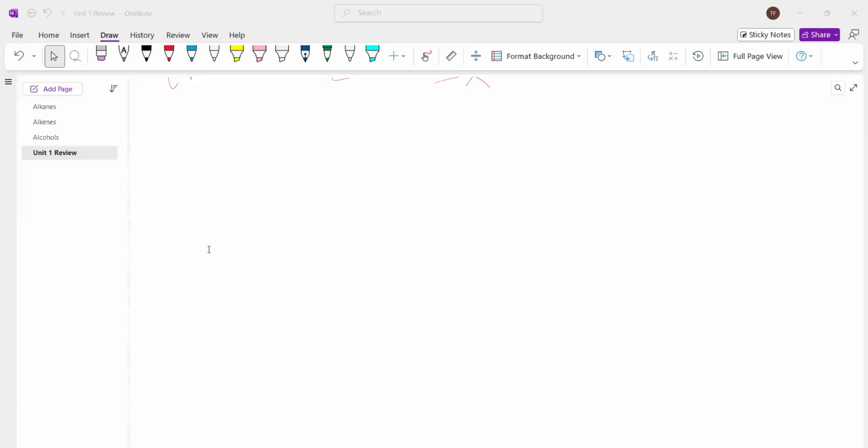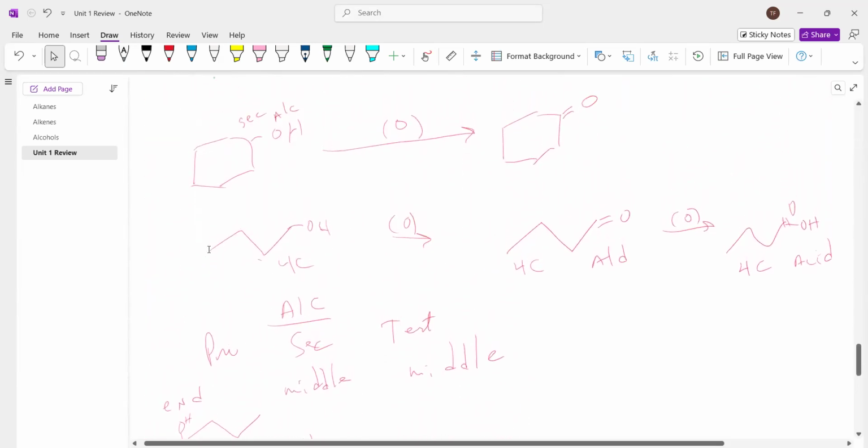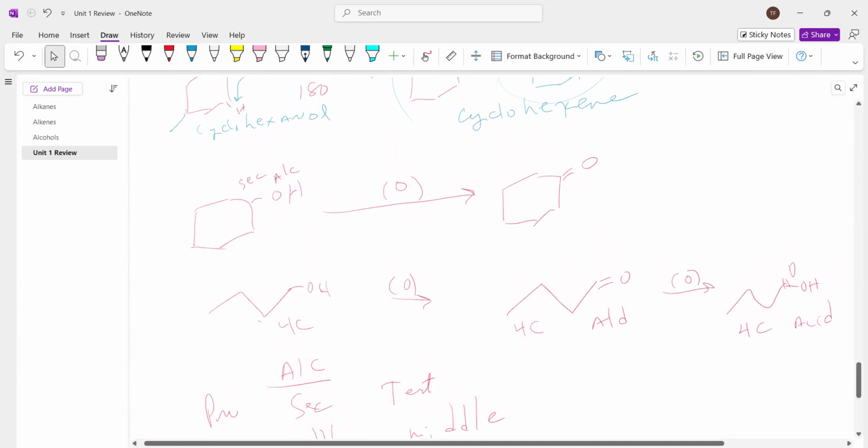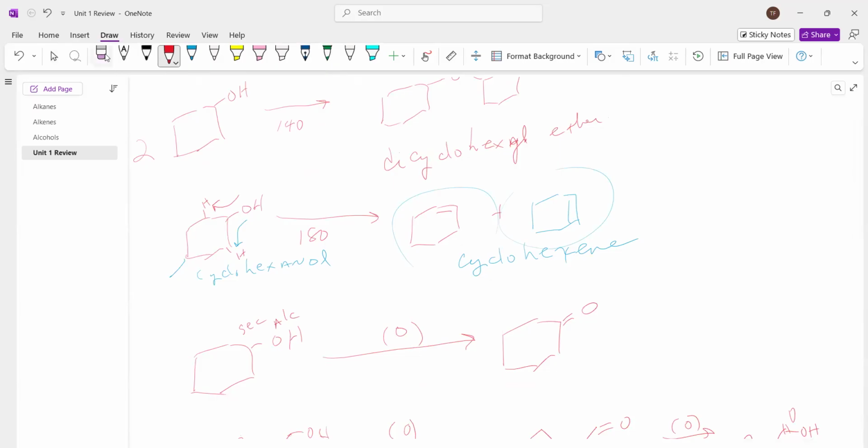And don't forget, when you do a reaction, make sure you name everything. So for example, on this reaction here, name the reactants, name the products, and the conditions to get full credit.